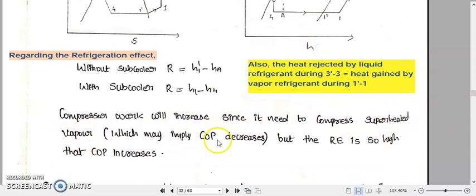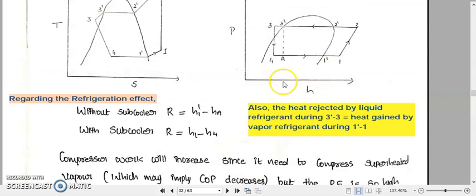We may think that the COP will decrease because the compressor work is in the denominator of the COP expression, since COP is the refrigeration effect divided by the compressor work. But with this subcooler, the refrigeration effect increases very much, that is H1' minus H4, a very high value compared to H1 minus HA.